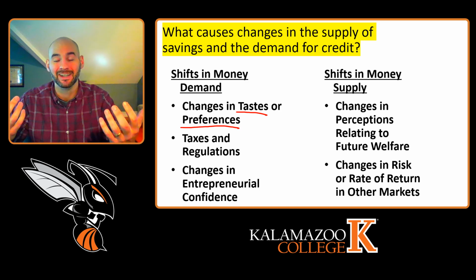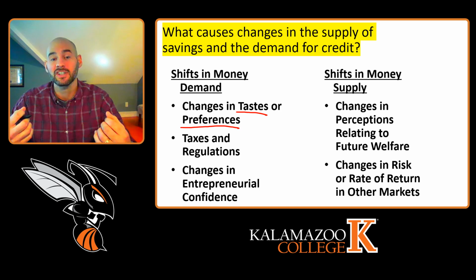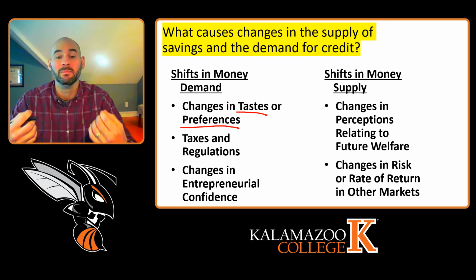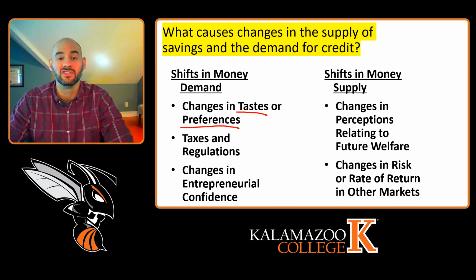I'm not sure if that's true, and I think COVID is testing that, but let's assume that's true for the time being. If we have less of a taste for home ownership, then we are going to demand less credit, we're going to need to take fewer loans, and the demand for money is going to shift left, it's going to decrease.